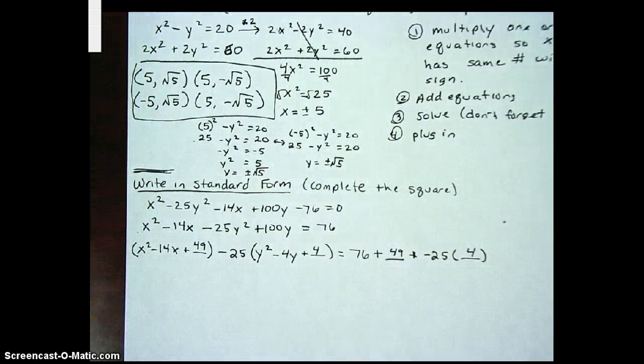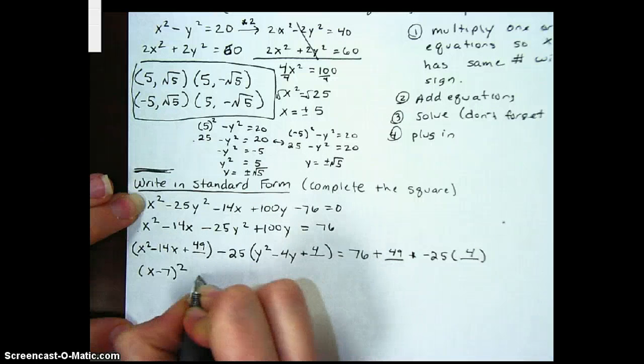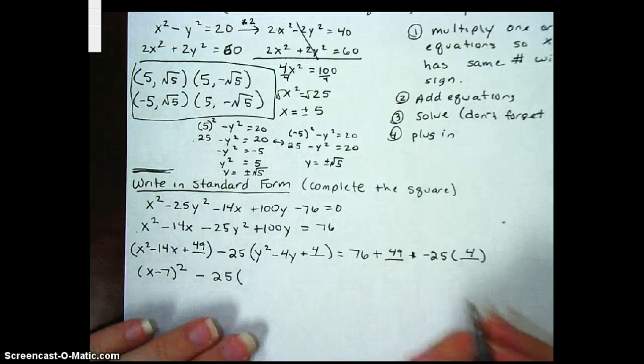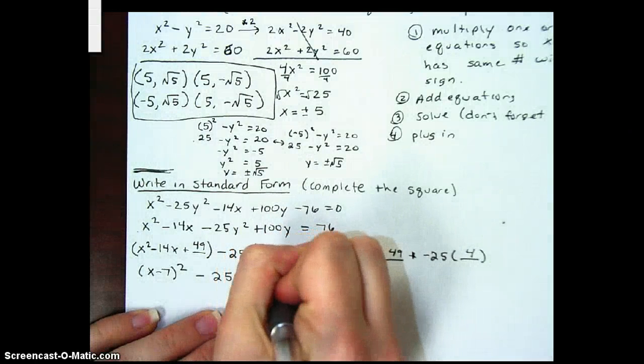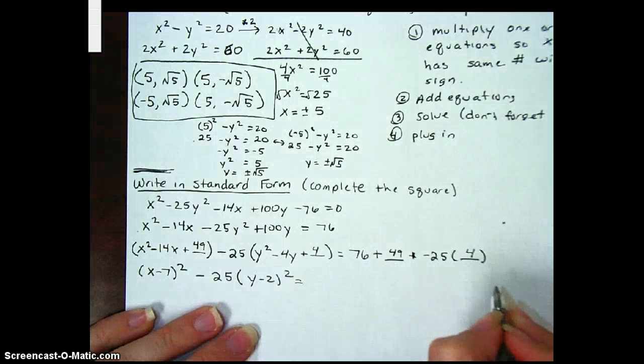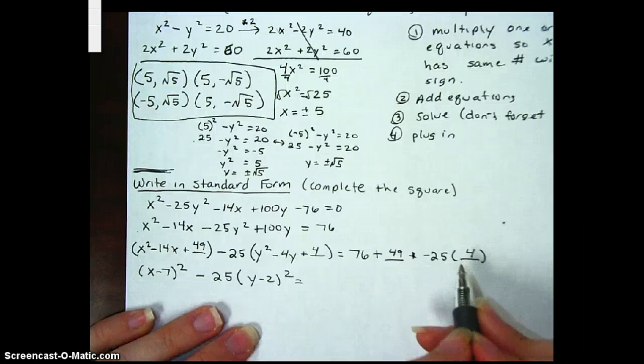Okay, so then we want to go through and factor this. So we've got x minus 7 squared minus 25 times y squared minus 4y plus 4. We'll factor to y minus 2 squared. On this side, we want to add up all of these terms, so you've got to keep in mind you've got to multiply this negative 25 times 4, which is negative 100.